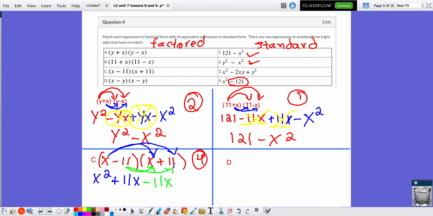Negative 11 times positive 11 is negative 121. So that's how I figured it out before without even doing all the factoring, because I could figure out that positive 11 and negative 11 would cancel, and they would also give me negative 121. So x squared minus 121. So this is number 4.